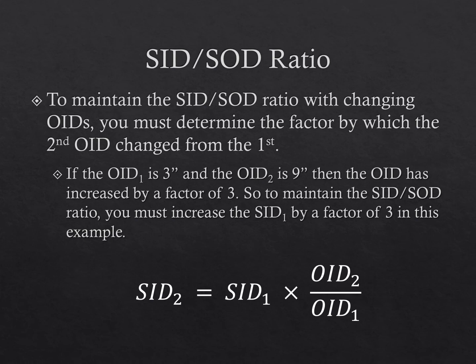So I'm going from 40 inches to 120 inches, but I have reduced the effect of the increased OID because I'm going to reduce the magnification. Because I reduce the magnification, I'm going to reduce the amount of penumbra visible with the increased SID.